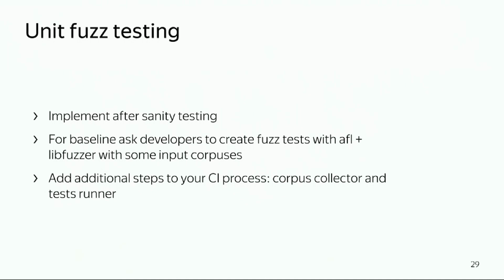It allows you to create special fuzz tests. It's similar to unit tests, but in this fuzz test, you have to wrap the function or module or functionality you want to test, and the fuzzer creates special, clever input for your function. It could mutate.